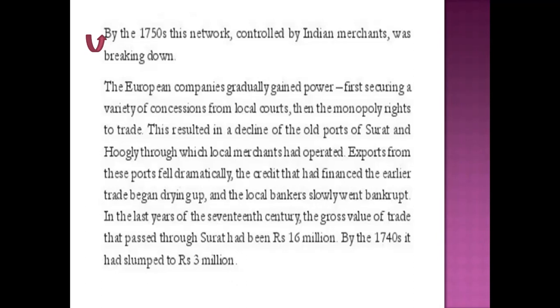First, they secured a variety of concessions from the local court, as the government used to support them. Then slowly they got monopoly rights on the trade, so that only they could sell and purchase the goods. As we have learned in the 8th and 9th class, the Britishers came to India and one by one took all the power under their control.